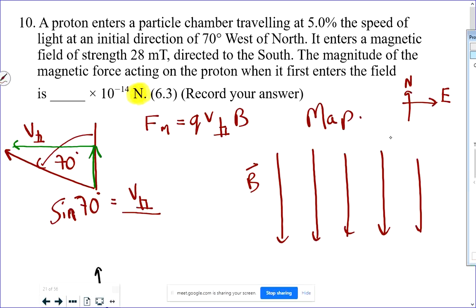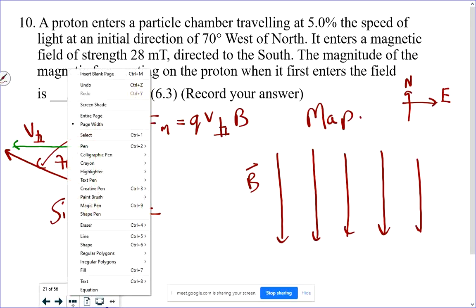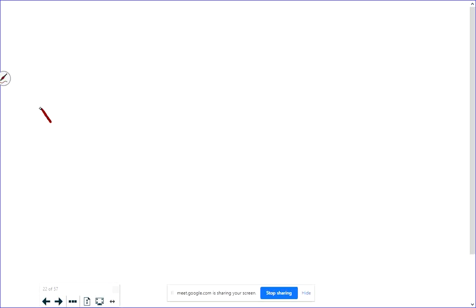Maybe what we can do is just go to a different page momentarily. What is 5% the speed of light? That's 5 over 100 multiplied by the speed of light, which is 3 times 10 to the 8 meters per second, which you can look at on your formula sheet, but we have the next unit is called electromagnetic radiation, which deals with, among other things, light.